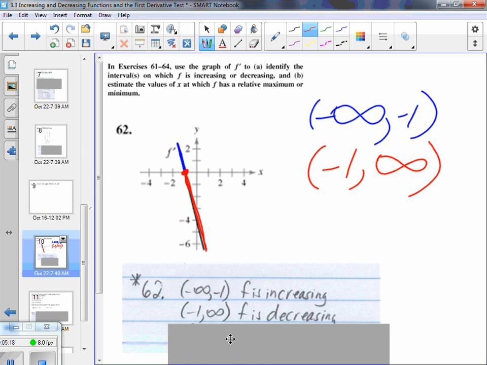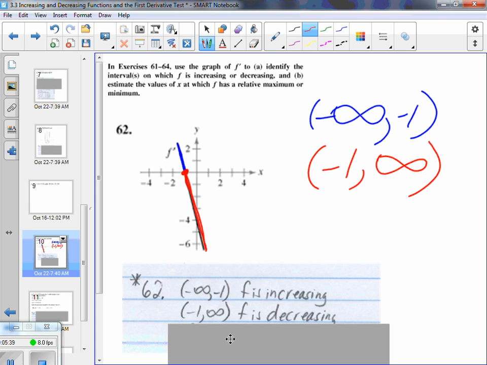So we've done part A. We identified the intervals where f is increasing or decreasing. Okay? Now, since the derivative went from negative to positive, no, I said that backwards, didn't I? Since the derivative went from positive to negative, our function went from increasing to decreasing.